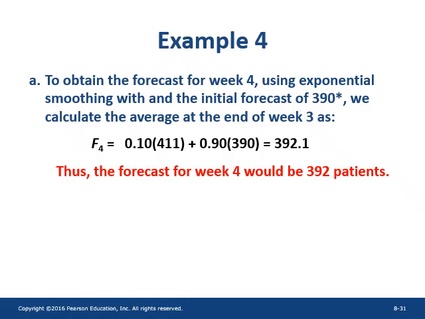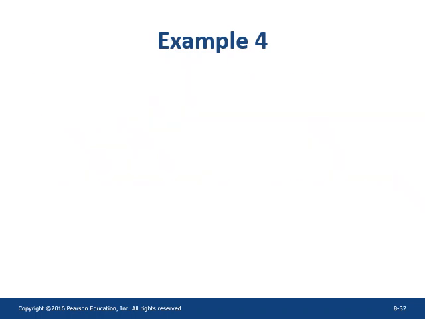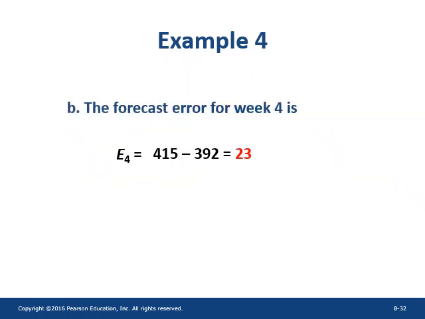So if we look at the next period, the error is 23, so since alpha is 0.1, we would adjust upward by 10% of 23. Our forecast was too low, so we'll adjust upward by 2.3, and we'll end up with a forecast more like 394.3, 394. Let's see if that's what works out.